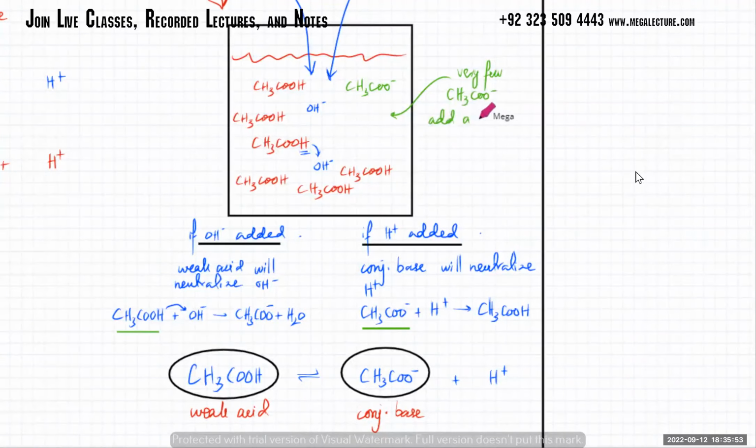So add a salt of the weak acid. For example, if you have sodium ethanoid, add that.